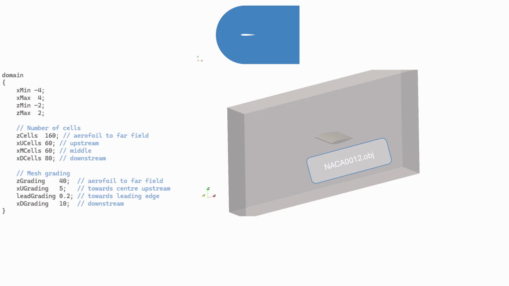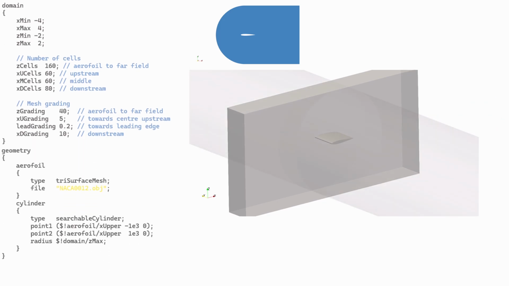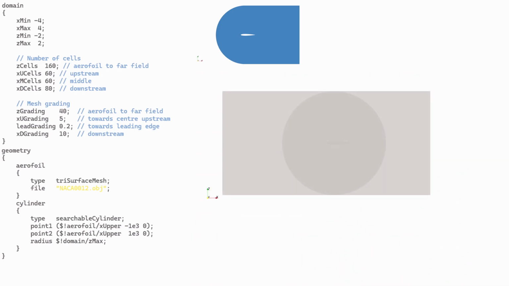We have created a subdictionary called domain where we gave entries that define extremities of where our domain will be as a rectangle. We have also defined the number of cells we want in a certain direction. Now for blockMesh to identify this geometry, we can import the geometry of our airfoil as the tri-surface mesh type. We've also created something called cylinder, which is termed as searchable cylinder.